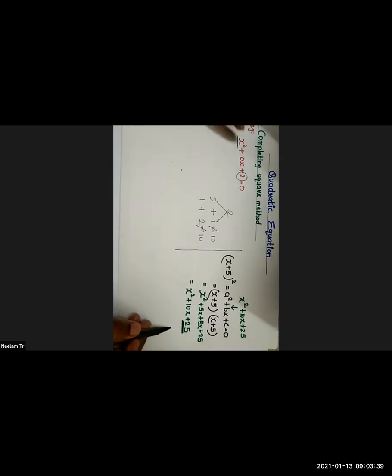Chalo. See, this is your example: x square plus 10x plus 2 is equal to 0. But with my equation, as I have solved, I got my complete square term. In the place of 2, it must be 25. Then only it will be a complete square.